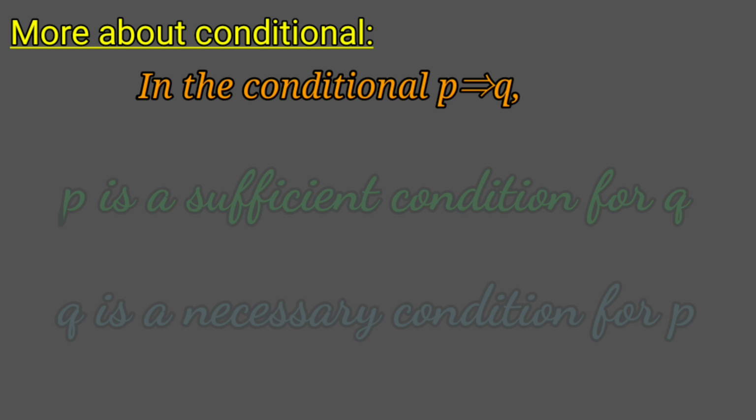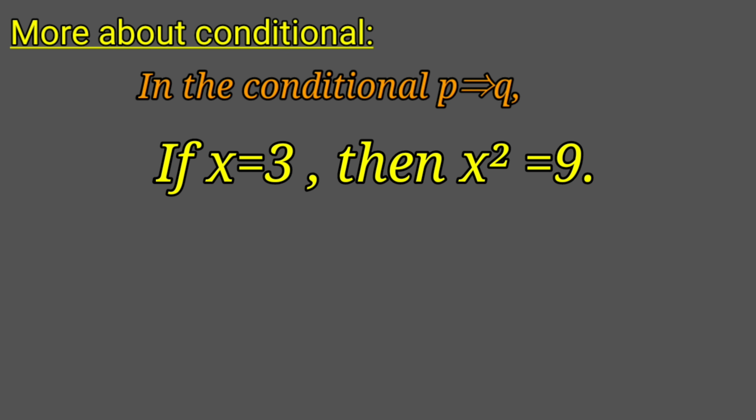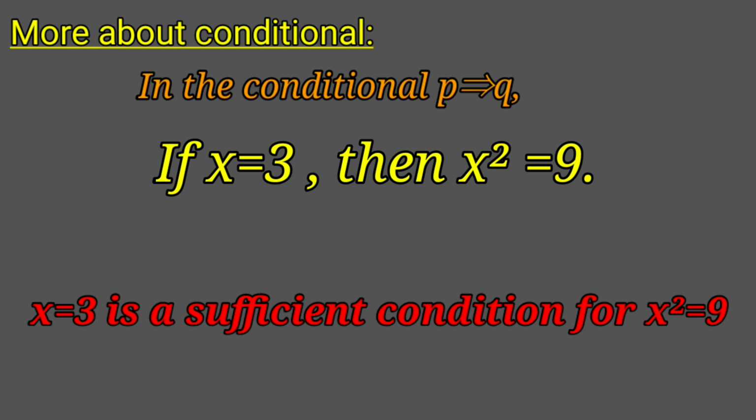For that, let us take one example. If x is equal to 3, then x square is equal to 9. Here we can see that x is equal to 3 is enough for us to conclude that x square is equal to 9. So x is equal to 3 is a sufficient condition for x square is equal to 9.